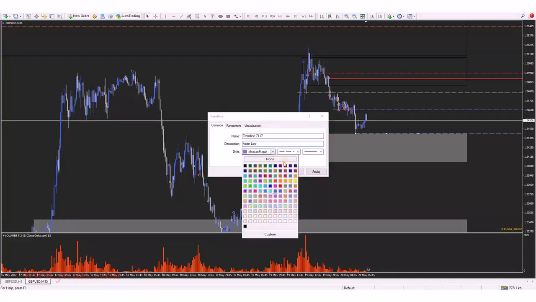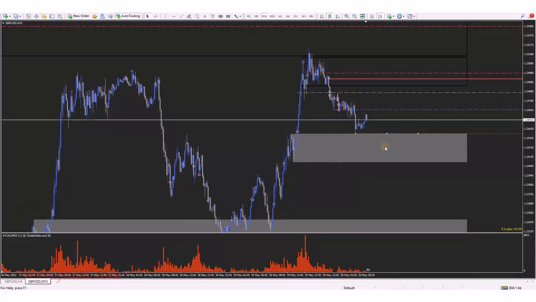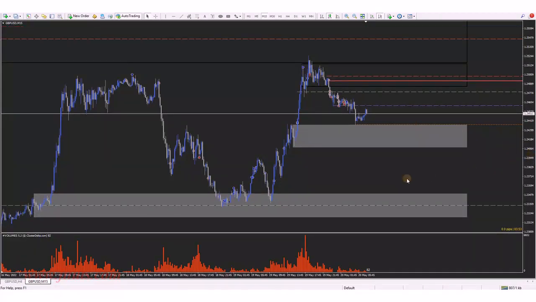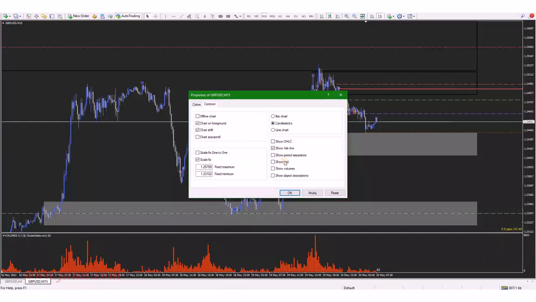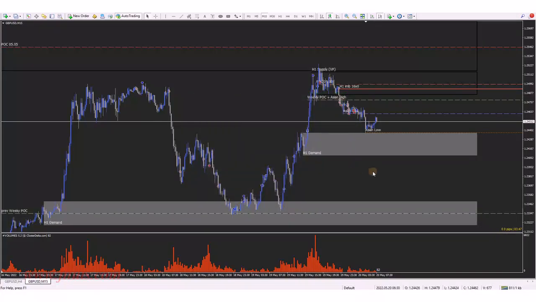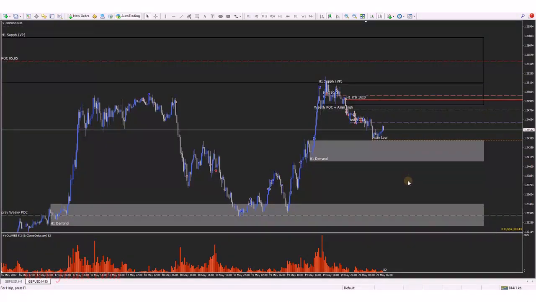Asian low, I like to make this an orange line with small dots. And now in properties, to show object descriptions, I am set to the day.